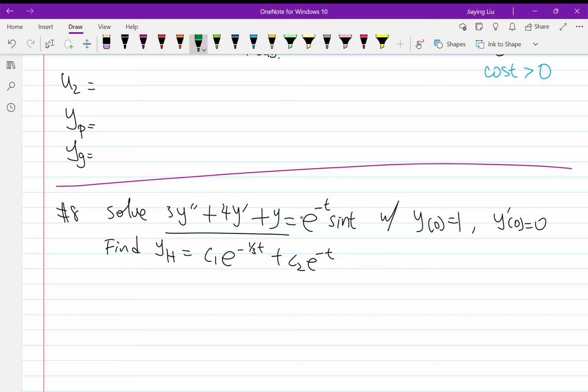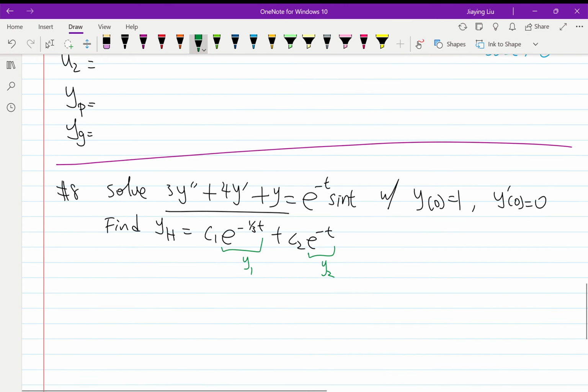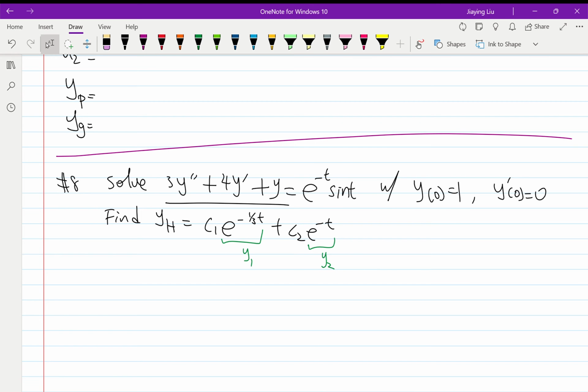This is going to be y1, this is going to be y2. The next step is to find the particular solution, and it will be in the form of u1 y1 plus u2 y2.